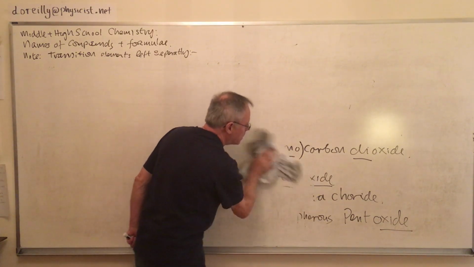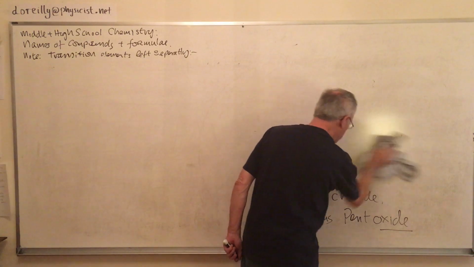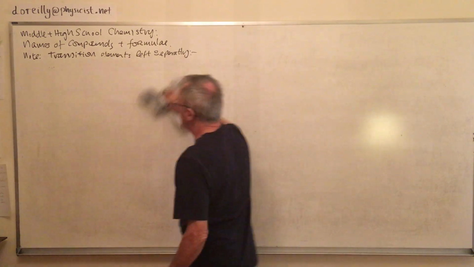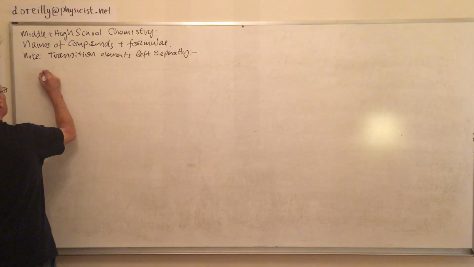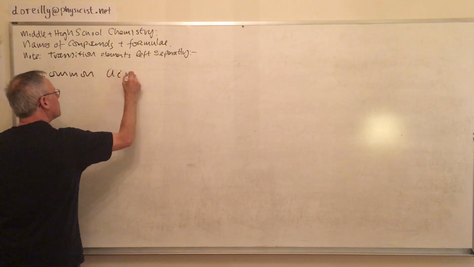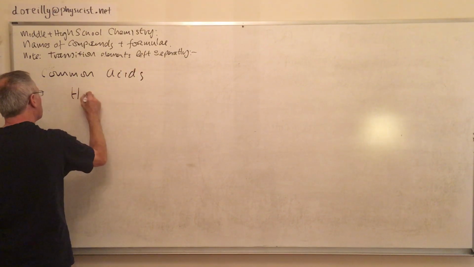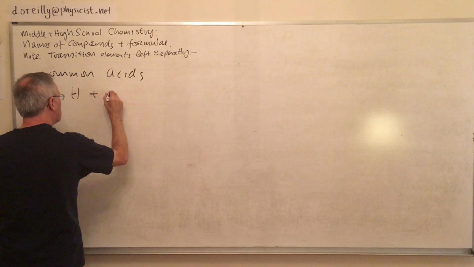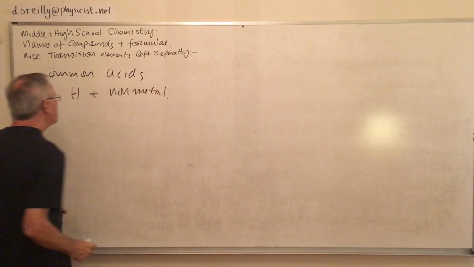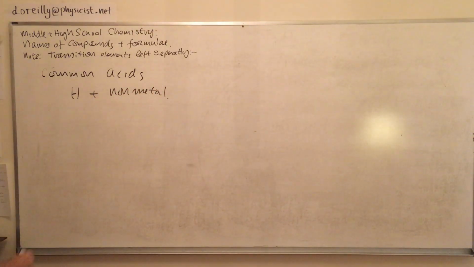I've covered those to some extent in the organic chemistry lecture. Acids. So to make acids we have an H plus a non-metal.